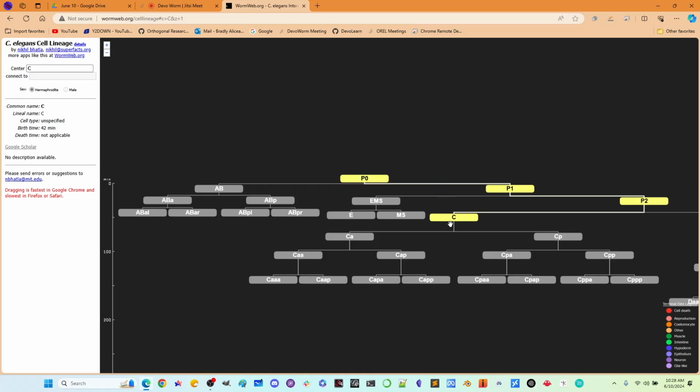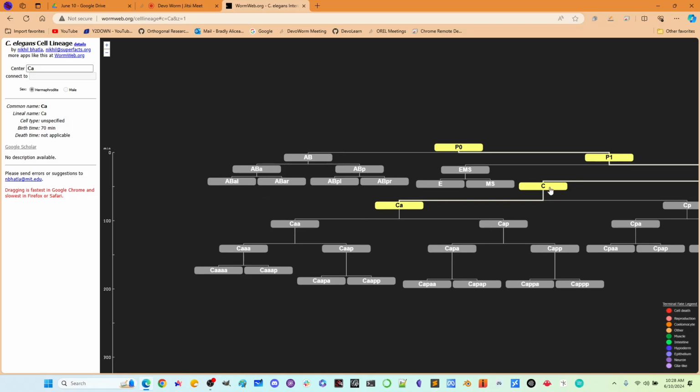So C persists, which is a better term, from the beginning of C to the birth of CA and CP. C starts at 42 minutes, CA is then born at 70 minutes, and so C persists from 42 minutes to 70 minutes.